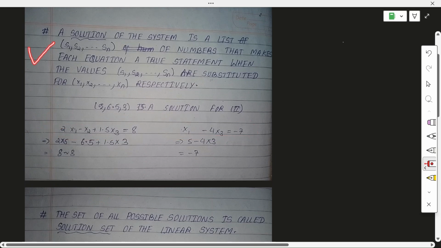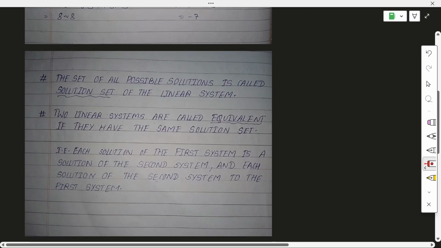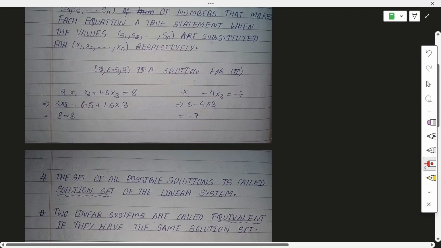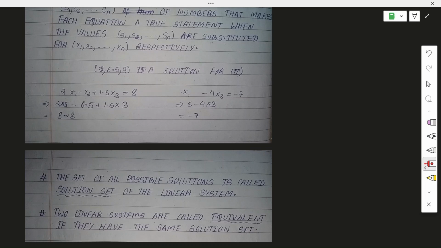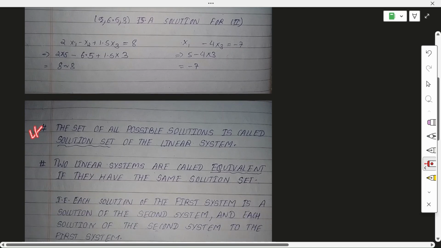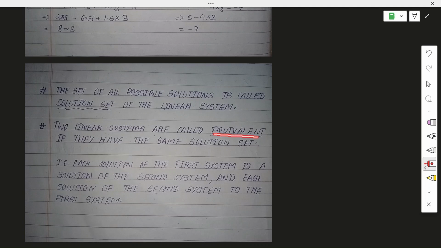So we have discussed what a solution of the system is. The set of all possible solutions is called the solution set of the linear system. There may not be only one solution, but multiple solutions satisfying these systems, so they are called solution sets. Two linear systems are called equivalent if they have the same solution set.